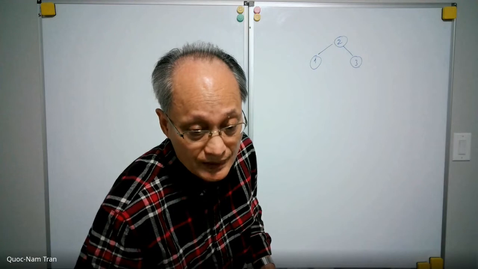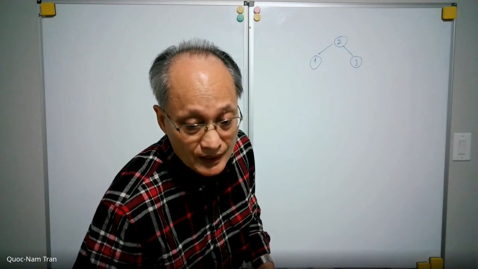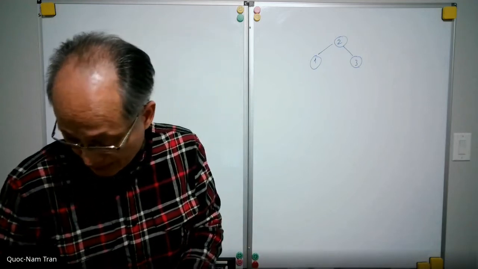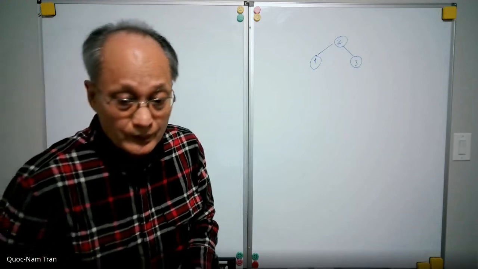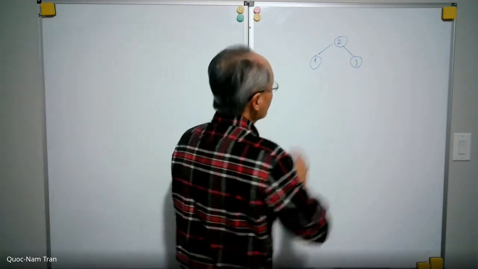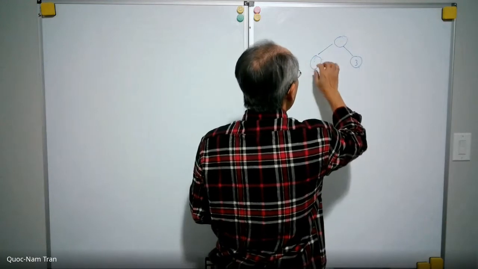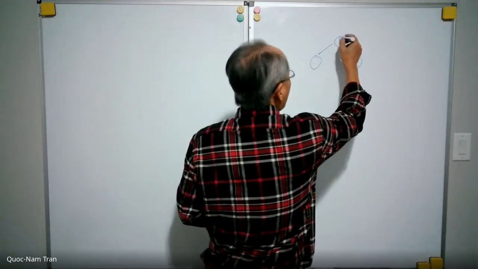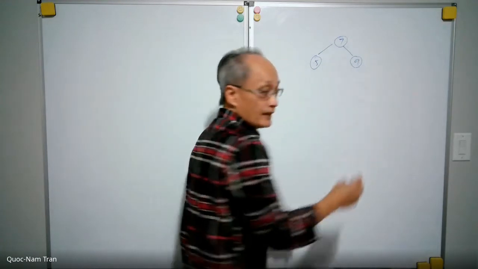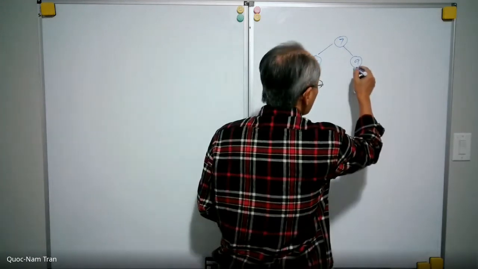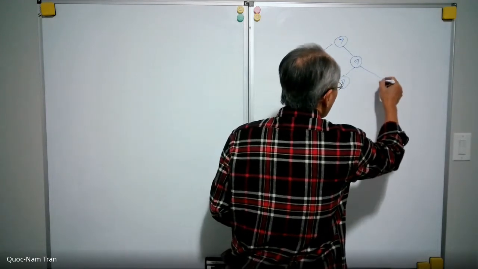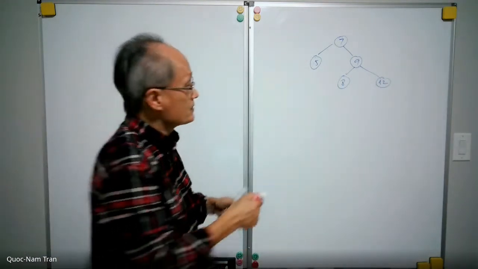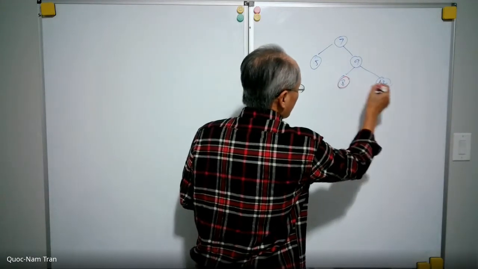Let me have one example and then we will try to see how it works. So we will have the following tree. We have 7, 5, 9, and then 8, 12. And we just use the color red here.